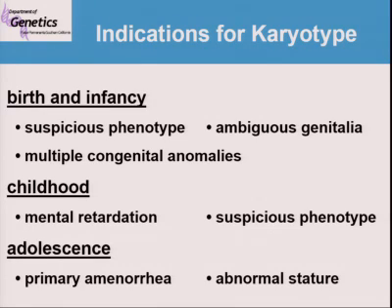In childhood, we may pick up children with chromosomal abnormalities because they have intellectual disability or mental retardation. Or maybe that suspicious phenotype needs to be grown into, if you will, and I'll give you a couple examples of that. And even into adolescence, we can pick up kids with Klinefelter's and Turner's who may have been missed previously. And as adults, there are reasons for getting karyotypes.